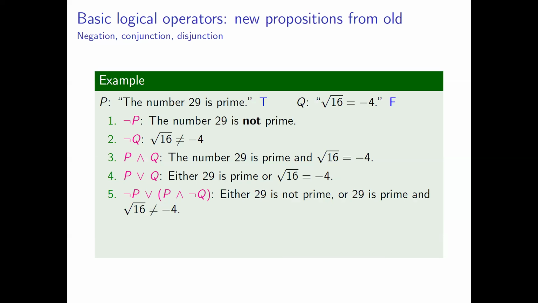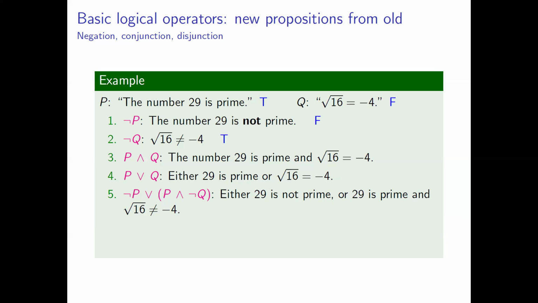Thus, for item 1, the statement the number 29 is not prime, which has the propositional form not P, is false. For item 2, the statement the principal square root of 16 is not equal to -4, which has the propositional form not Q, is true.